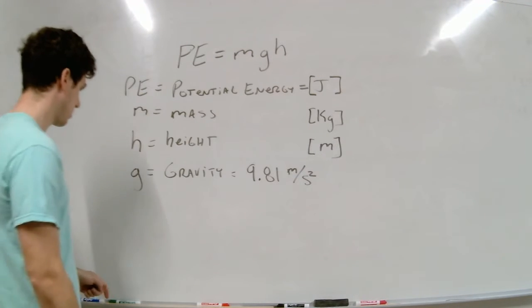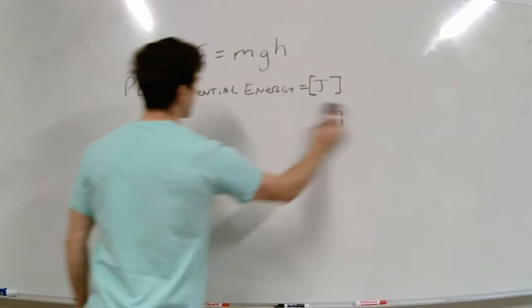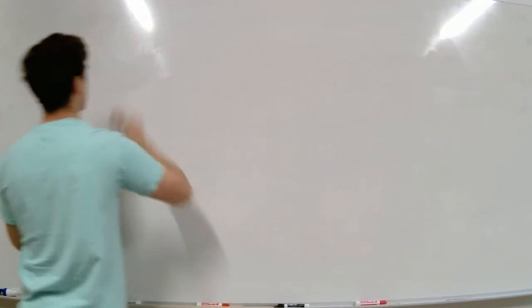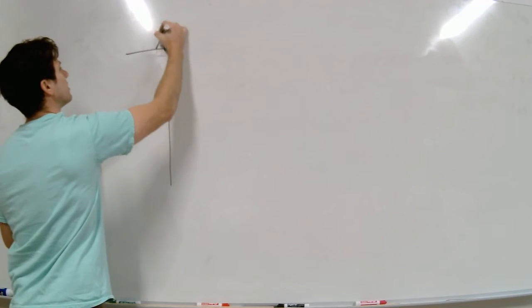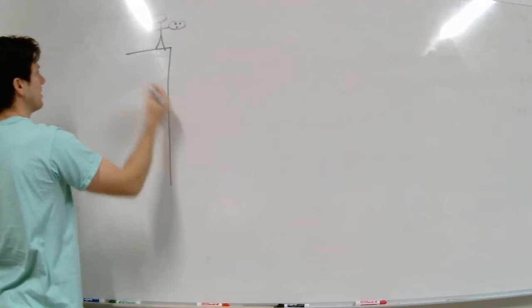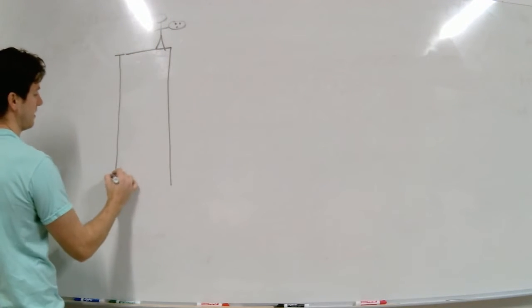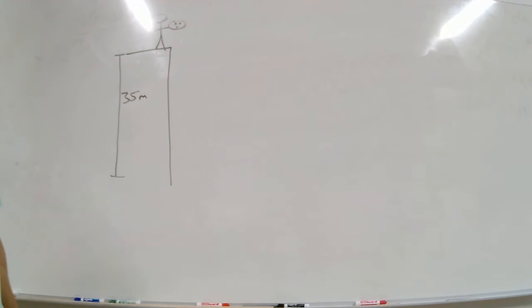So let's go ahead and do an example. Let's say that we got a building here, right? There's somebody sitting on top of the building with a bowling ball. And let's say that this building is 35 meters tall. Okay? It is 35 meters tall.